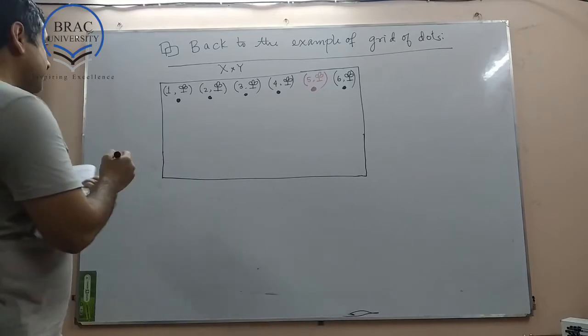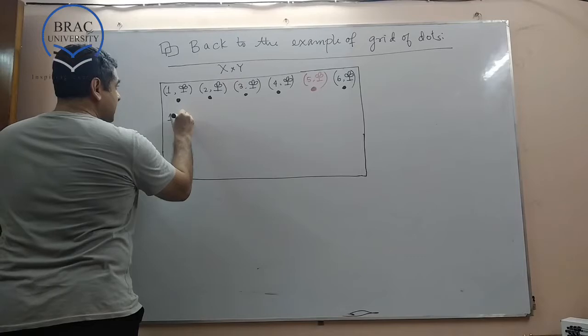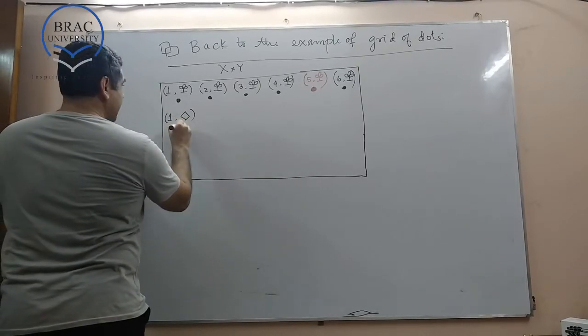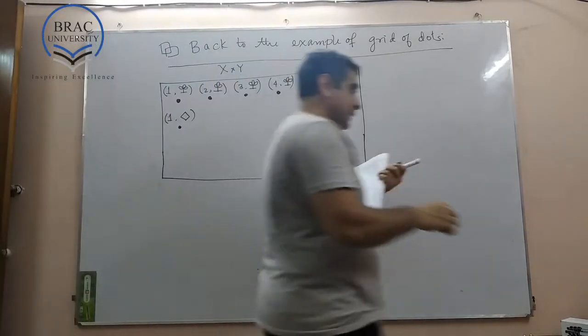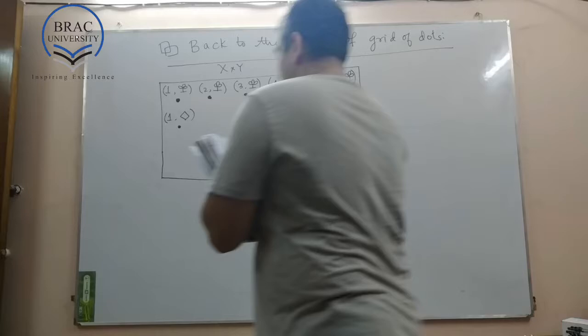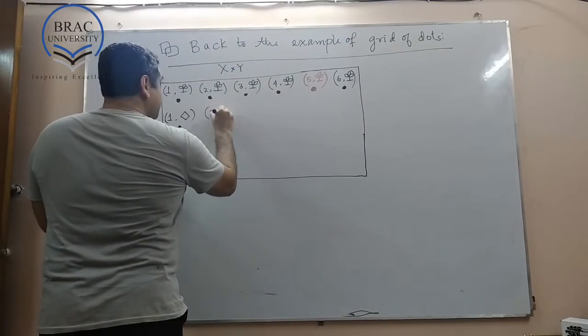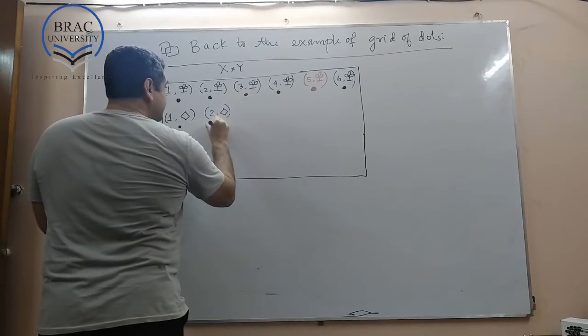Now the second row will be 1 comma diamond with a black dot. Then you have 2 comma diamond in blue with a blue dot.